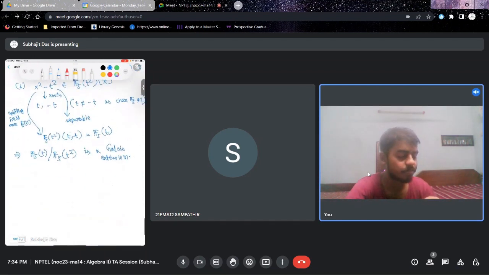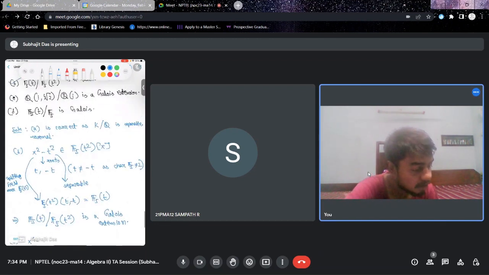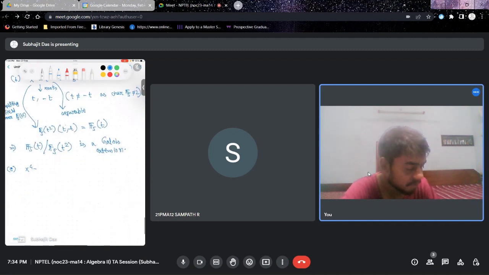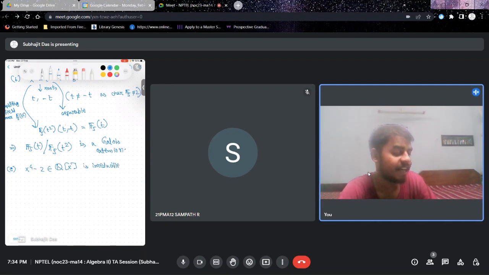A few minutes back, when we were solving some problem, we saw that the polynomial x^4 − 2 in Q[x] is irreducible, and hence separable because Q is a perfect field. So every irreducible polynomial over Q will be separable.